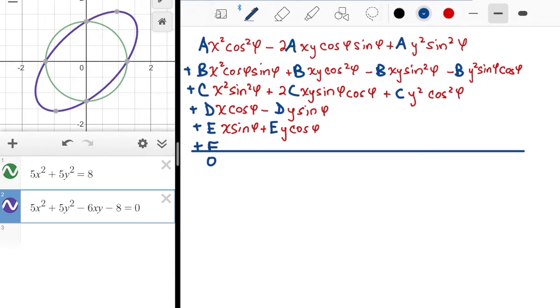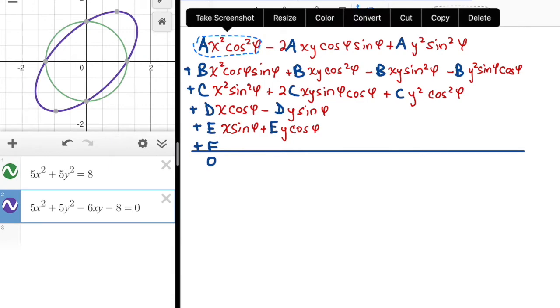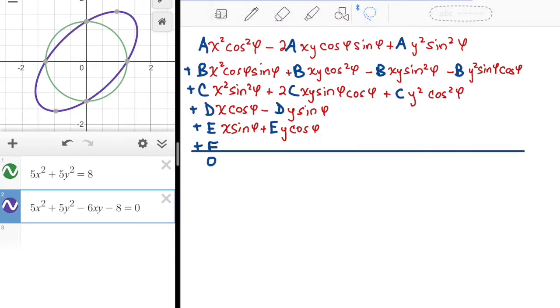So now what I want to do is organize it so that all of my x squared terms are together. So I'm just going to hand pick everything I need, anything that's got an x squared. All right, so that first term had an x squared.